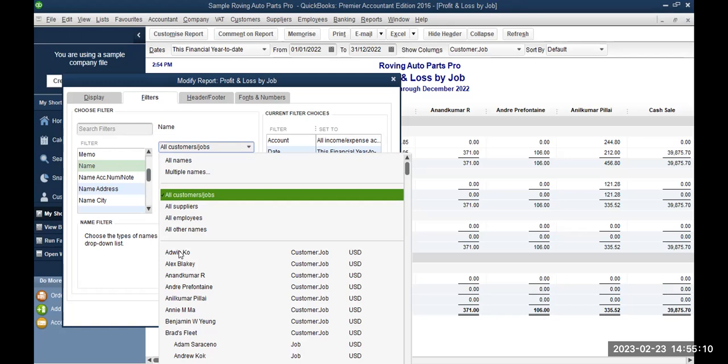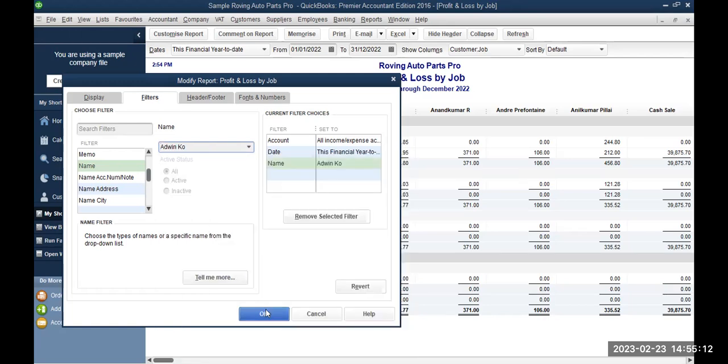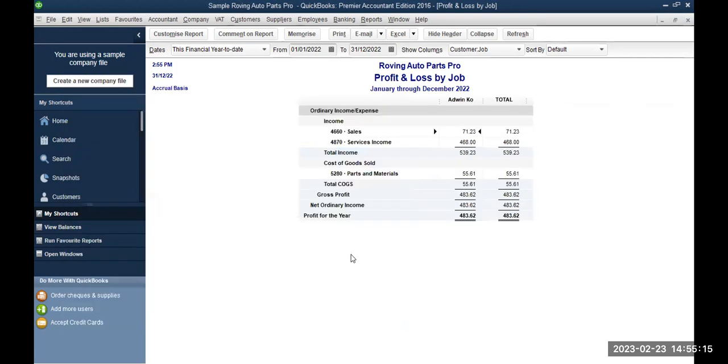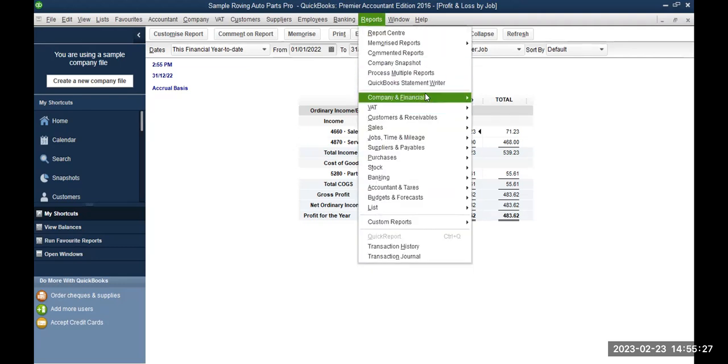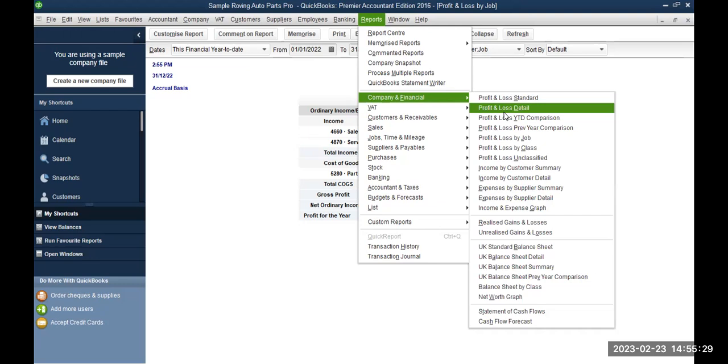I choose Adwinco, the first on the list. What happens? It removes all the other ones. It just shows me the performance of just that particular customer, in case you just want to narrow down on that. So there are different reports that you can get for your profit and loss, depending on the needs of your business.